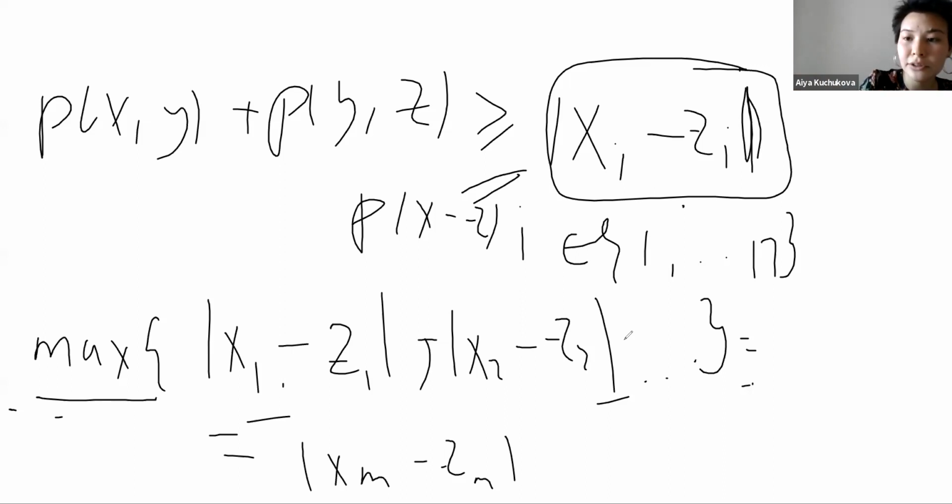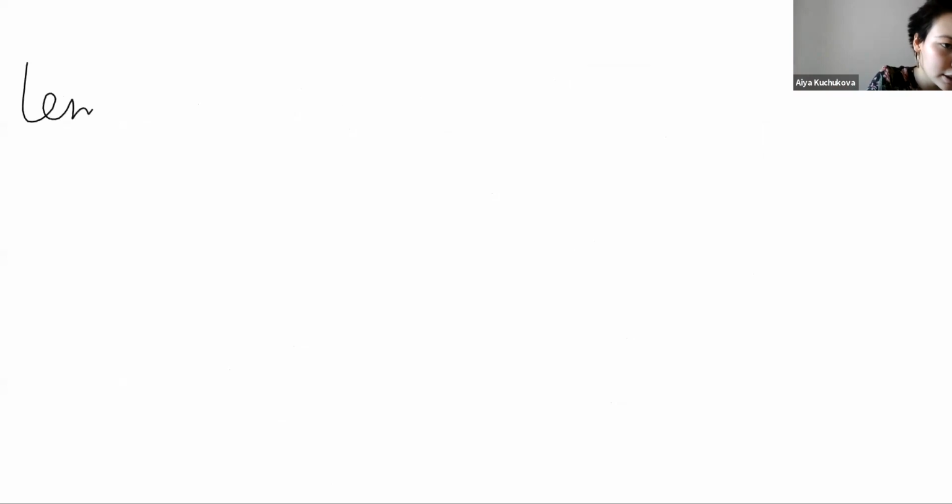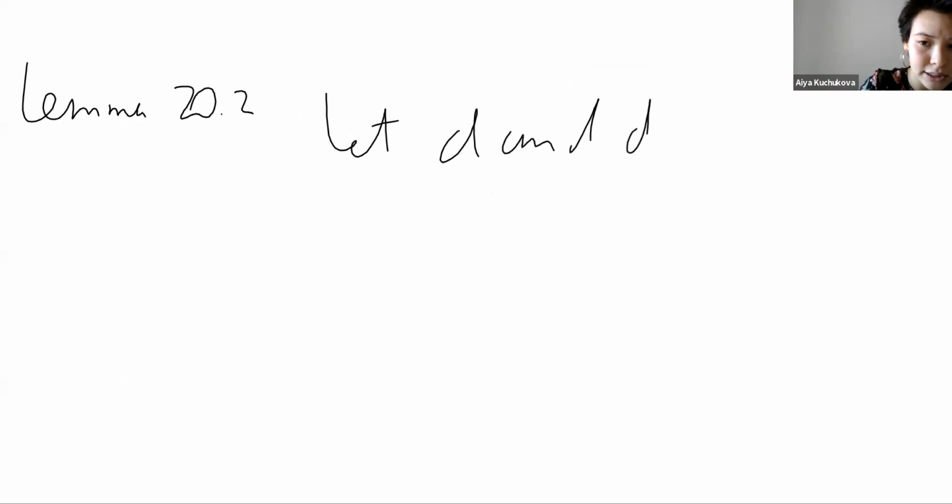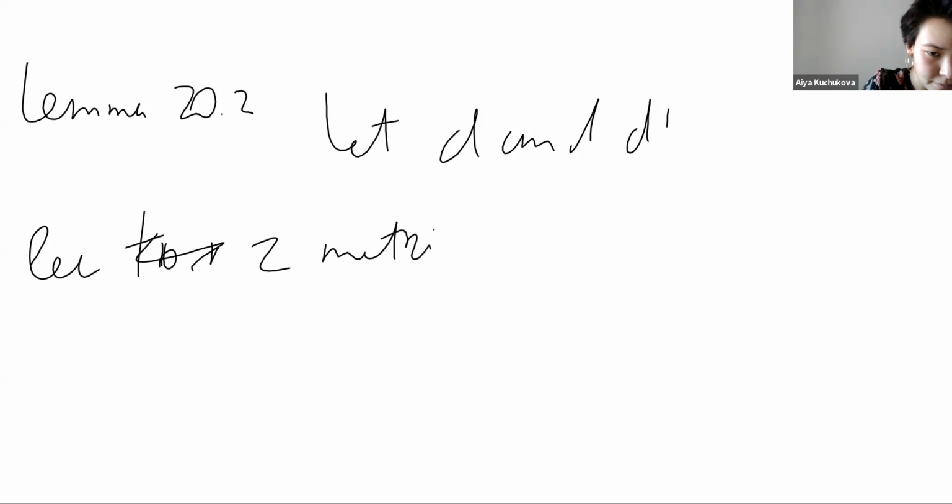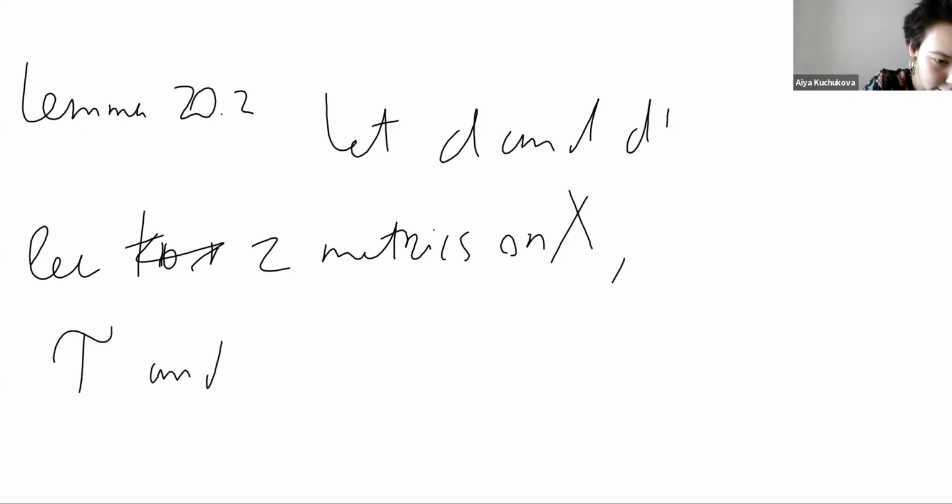And then let's do the lemma, which is called Lemma 20.2 in our textbook. Let d and d' be two metrics on the set X. Okay, then these would be the topologies they induce.